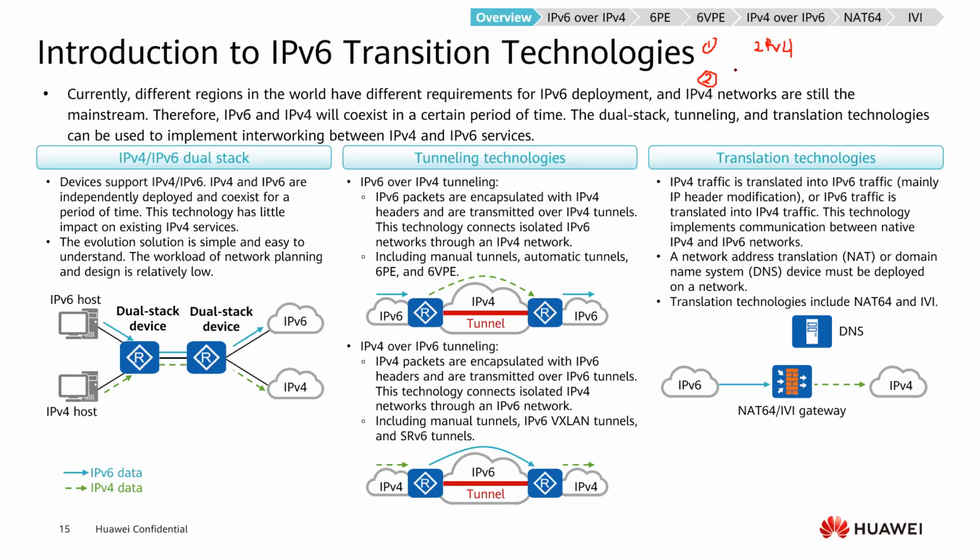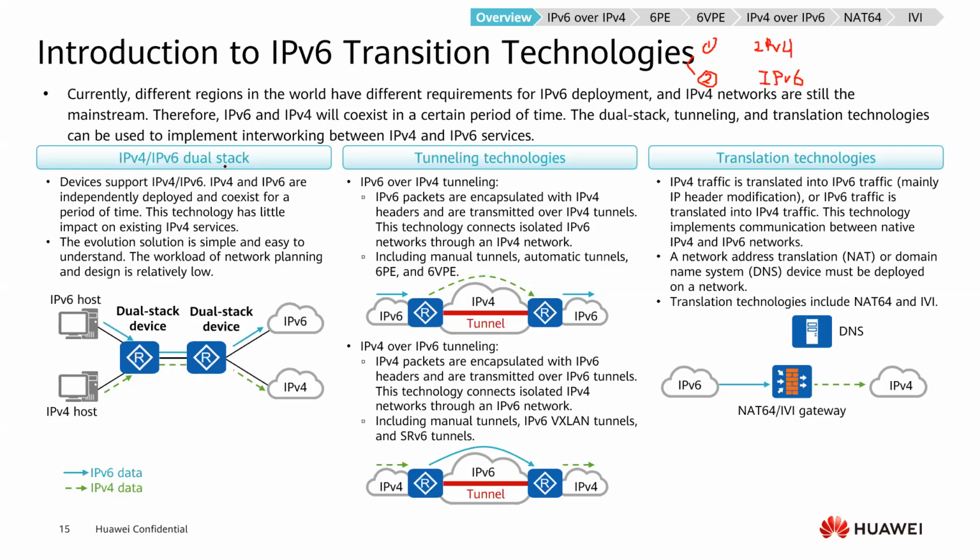And in the late stage of the v4 to v6 transition, most of the network has been established as a v6 network, but there are still some existing v4 services. So you need to consider how to use the v6 network to transfer the v4 traffic. So these are the transition technologies we need to think about.